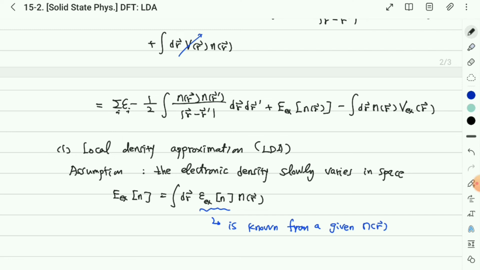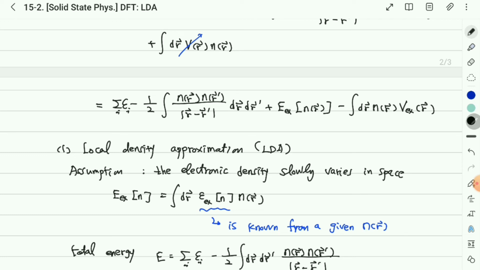Then the total energy can be written from the above: the summation of epsilon_i minus 1/2 the integral dr prime n(r) n(r prime) over |r minus r prime|, plus the exchange energy minus the exchange potential, integrated dr n(r).